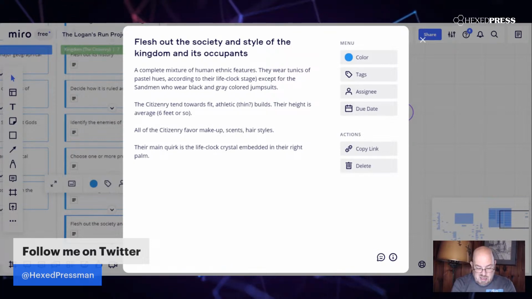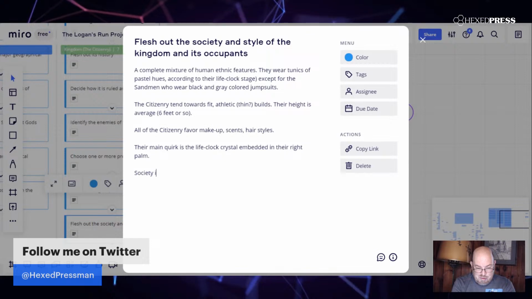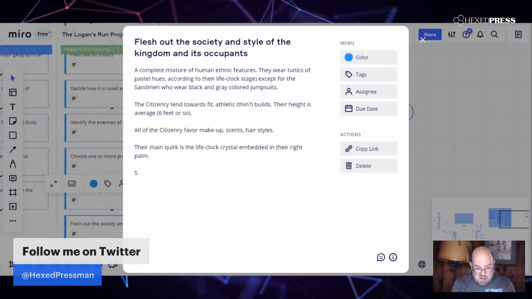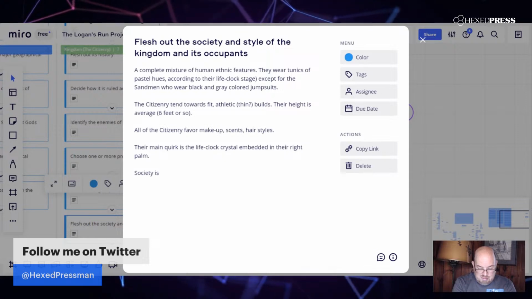And I guess as far as society goes, we want to say society is based on life clock stages. It doesn't seem like there's much of a hierarchy. It seems like people are pretty much... I guess I don't even want to say that, because I don't remember that they were different colors seem to be able to fit together. Society is... what's the word I'm thinking about?